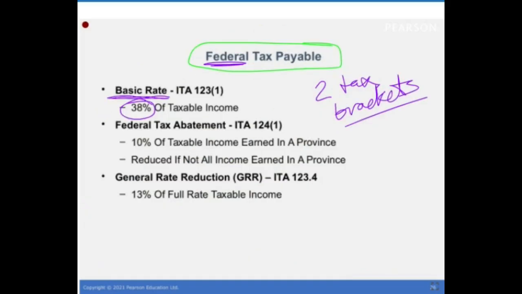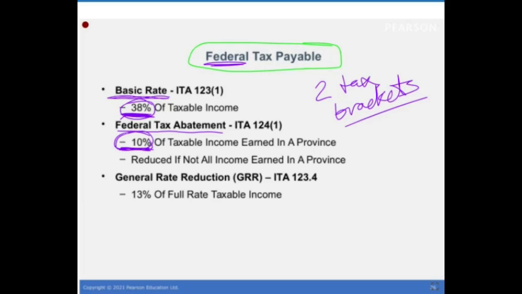So back to our calculation. Step 1, 38% of taxable income. Step 2, we're going to take a reduction of 10%, which is called the federal tax abatement. How nice. A little 10% gift, a break from the federal government. Why would they do such a thing?